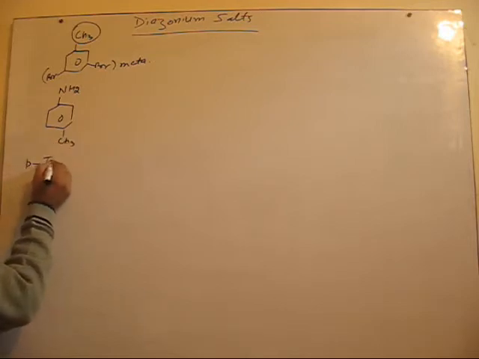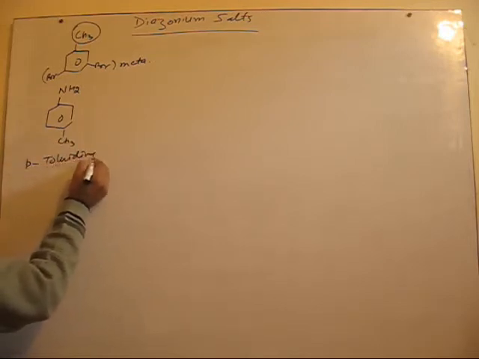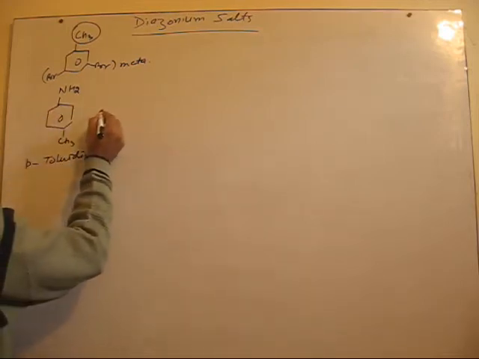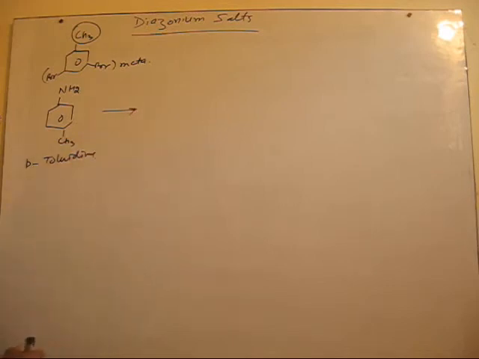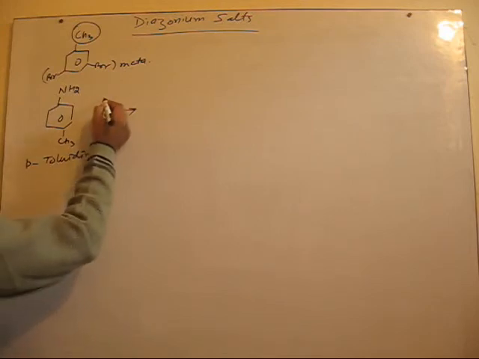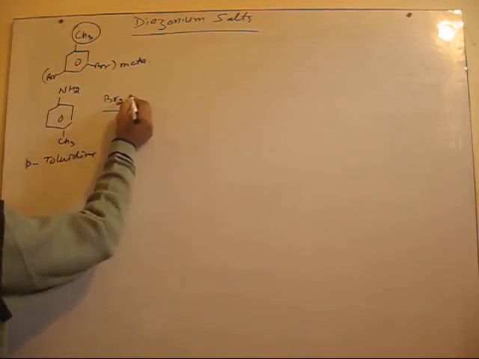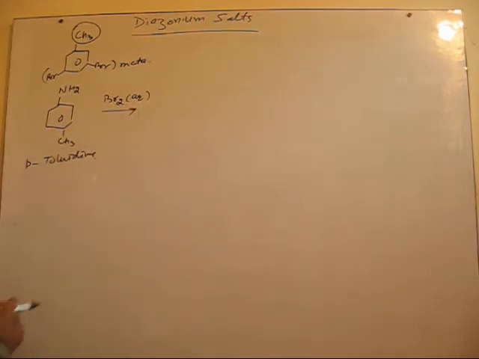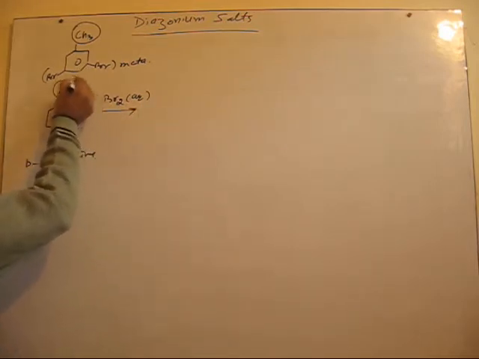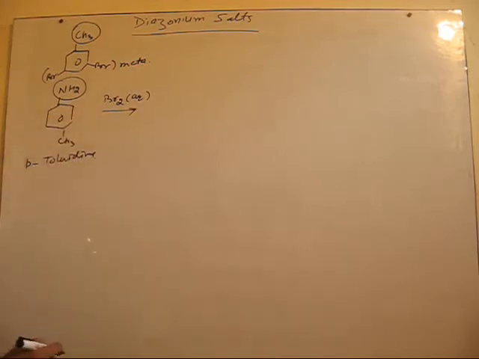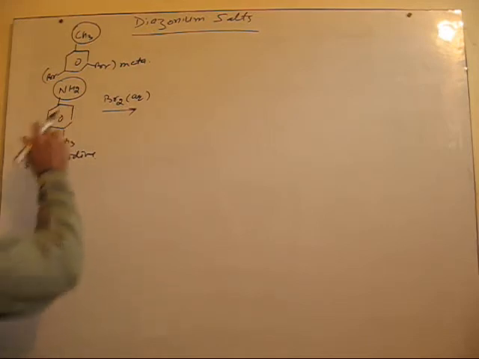Para-toluidine is first treated with aqueous bromine, and we know when the NH2 group is present on the ring, all the ortho and para positions are highly activated for electrophilic substitution, which we have already discussed in aniline.